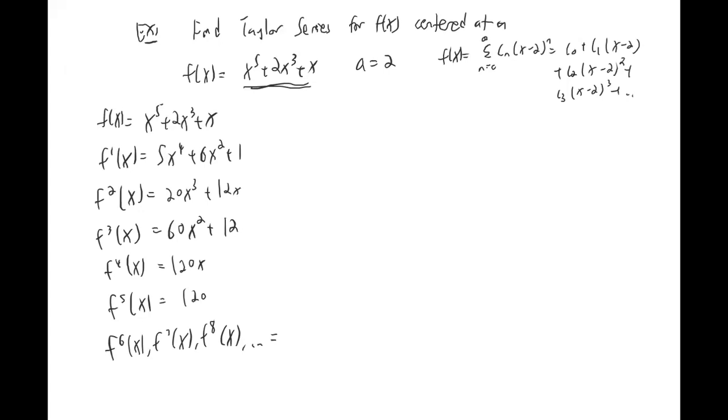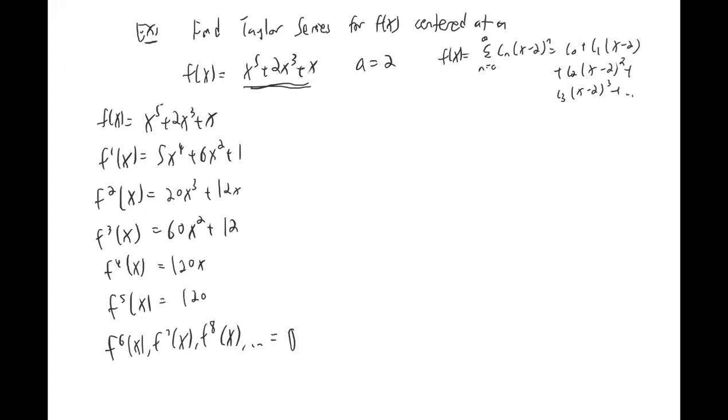So f6 is 0. And then f7 is the derivative of f6. f7 is the derivative of 0, which is 0. f8 is the derivative of f7, which is 0. So these are all 0, right?